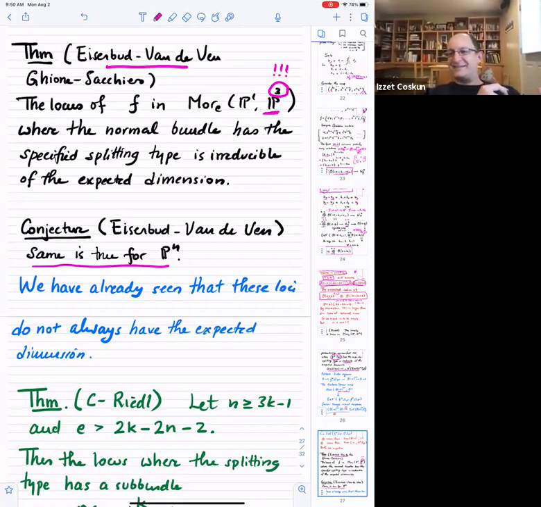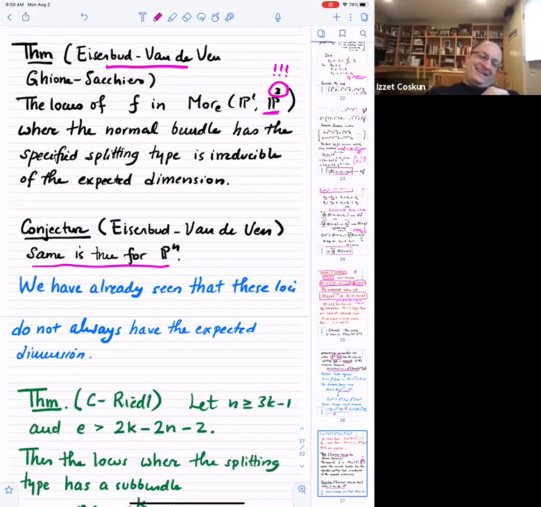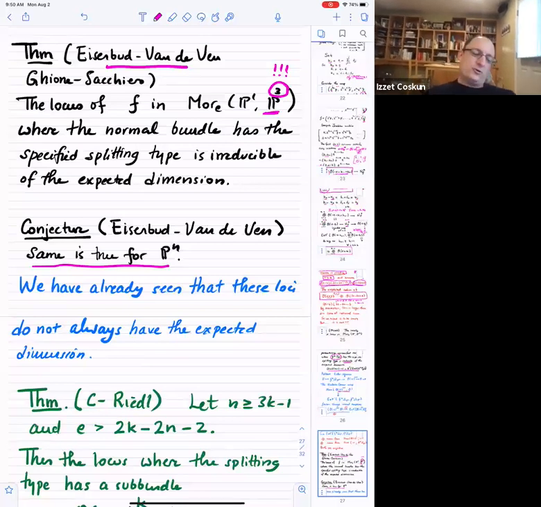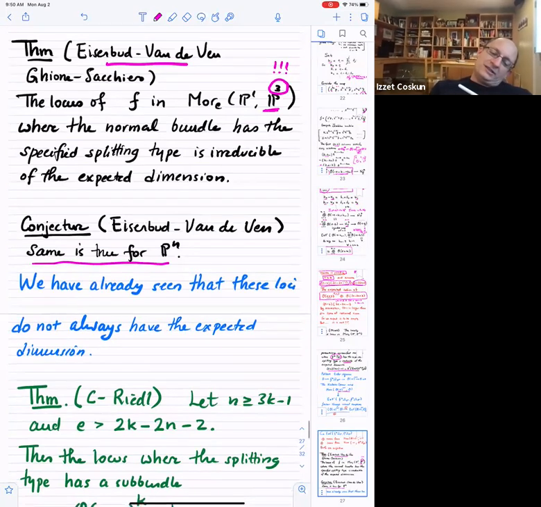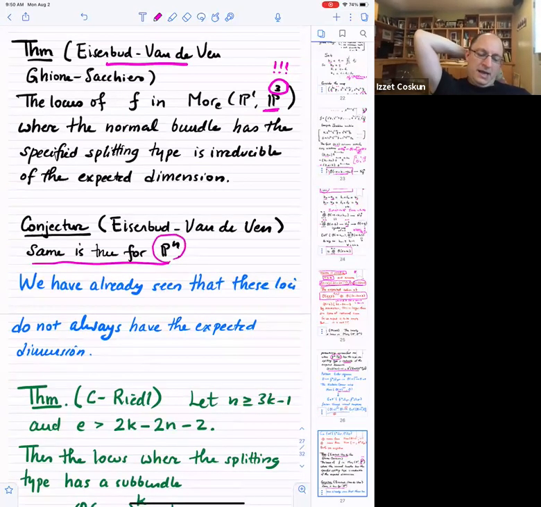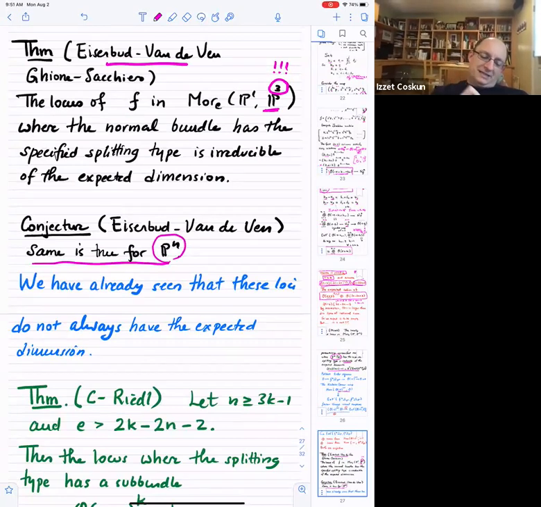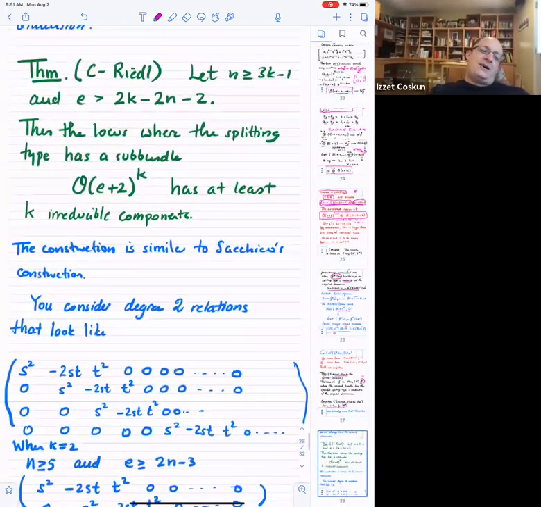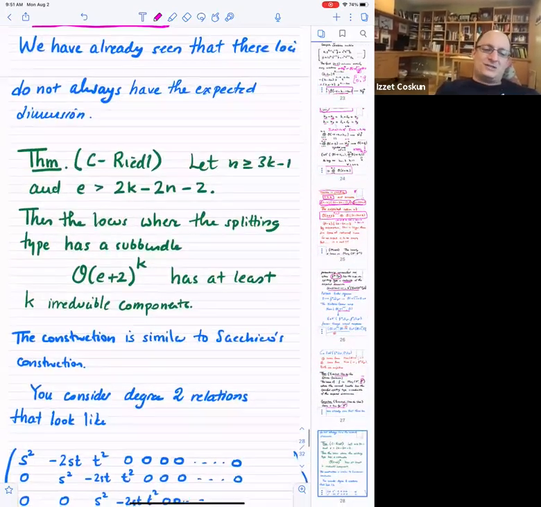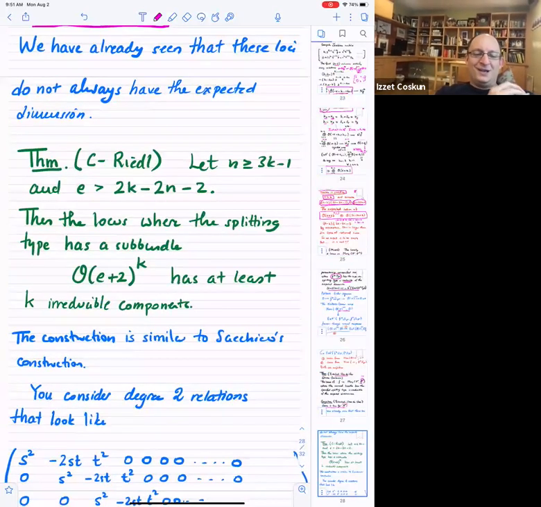It's a little bit hard to parse exactly what they're conjecturing, but I think maybe the read for this is that they're conjecturing that the same is true for Pn. And we've already seen that this is not correct, right? Because these loci do not always have the expected dimension. So maybe let me point out that, in fact, this conjecture is maximally false.